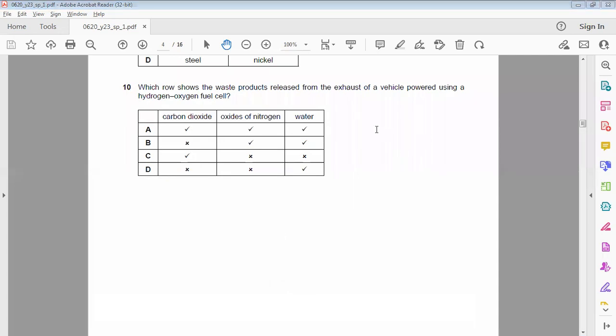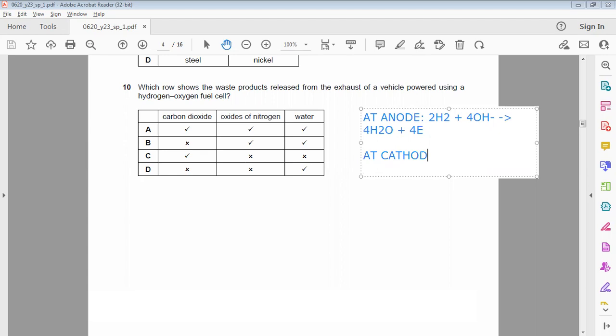So let's see what the equations are when we run a hydrogen oxygen cell. First is oxidation at the anode. So these are the two equations at the anode and cathode.